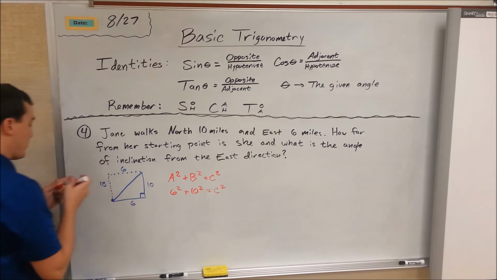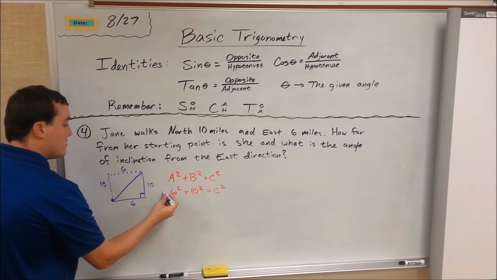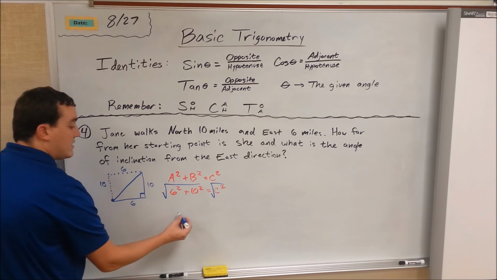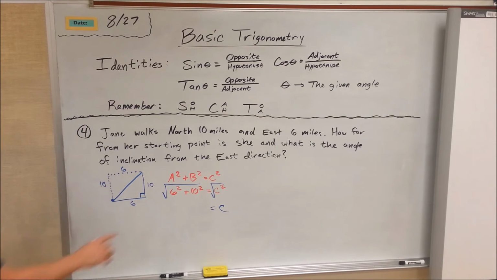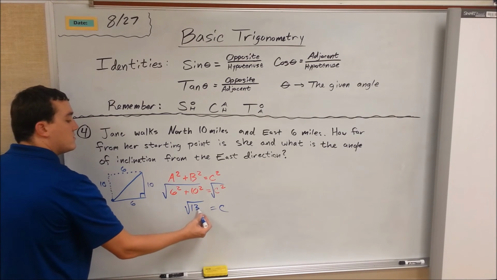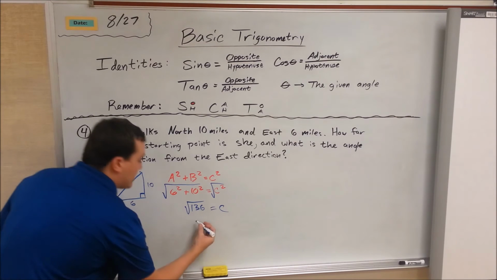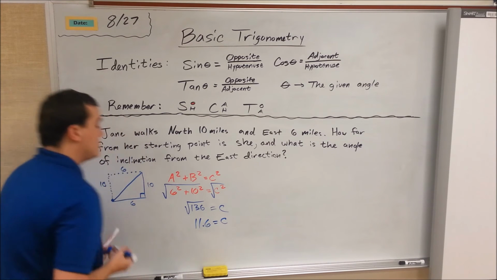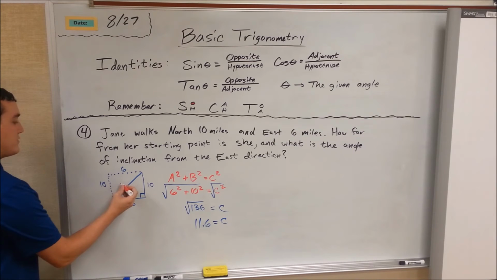We can take the square root of both sides and simplify as much as possible. So that'll just give us c equals the square root of 136, since 36 plus 100 is 136. So as a decimal, this is 11.6. So that's our total distance from our starting point. It's 11.6.